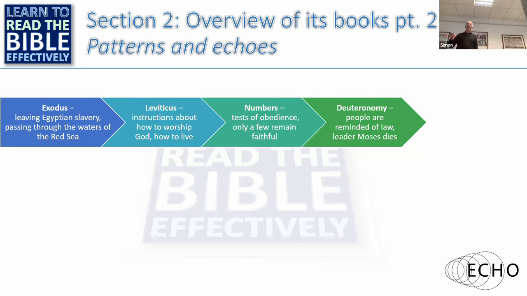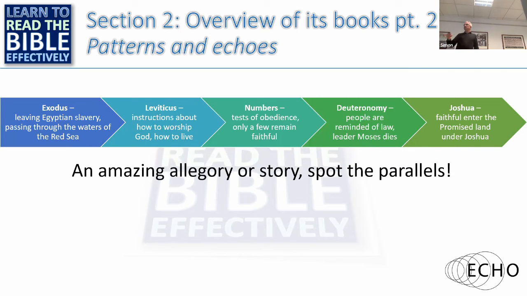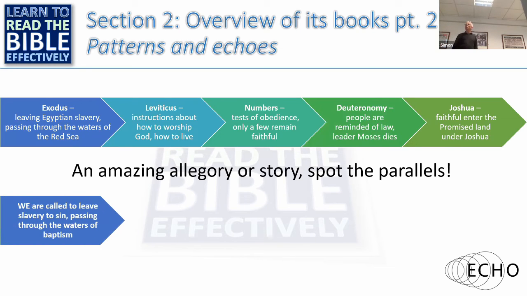So there we've got a pattern. How does it follow through? Joshua leads them into the promised land afterwards. Amazing story, but it has parallels with ourselves, because we are called to leave slavery to sin, passing through the waters of baptism as they passed through the Red Sea.